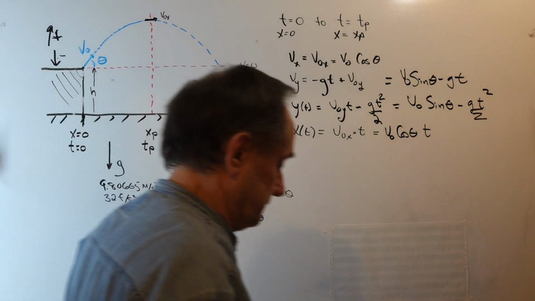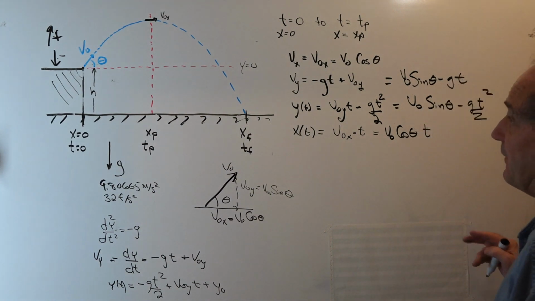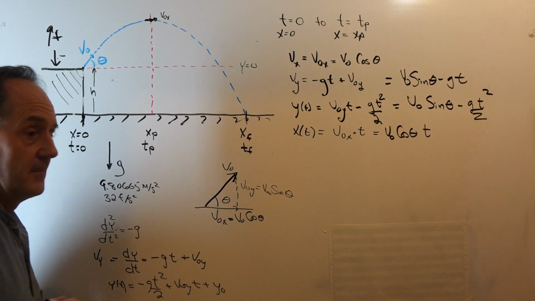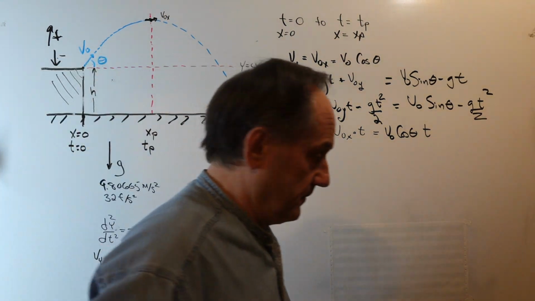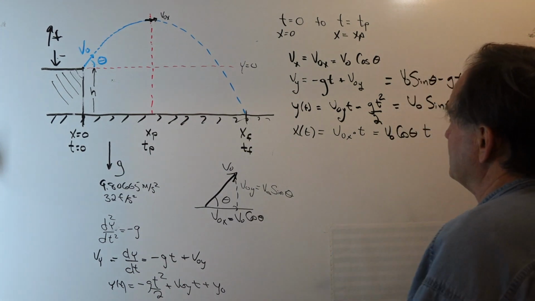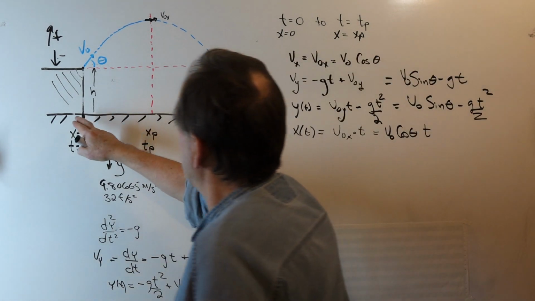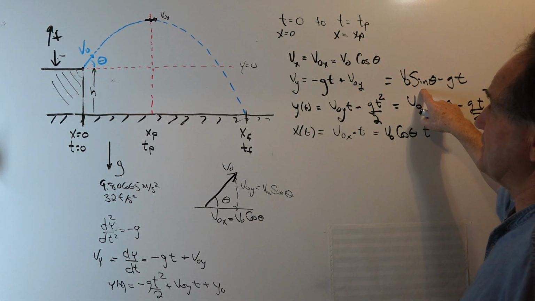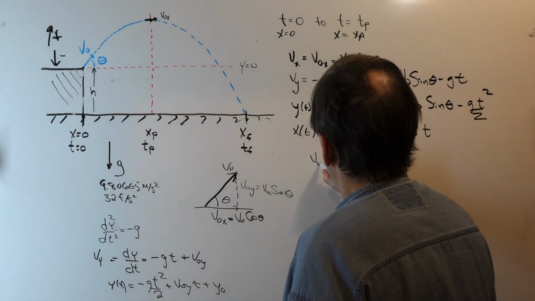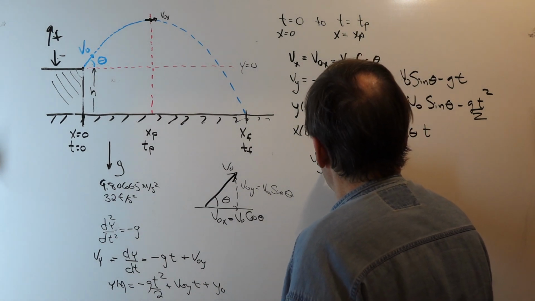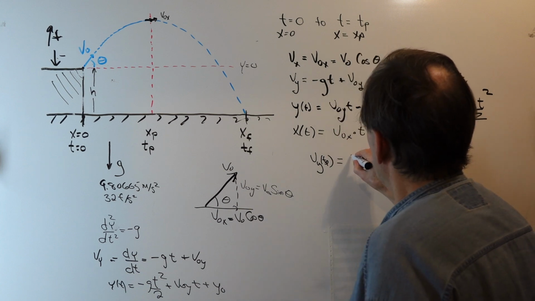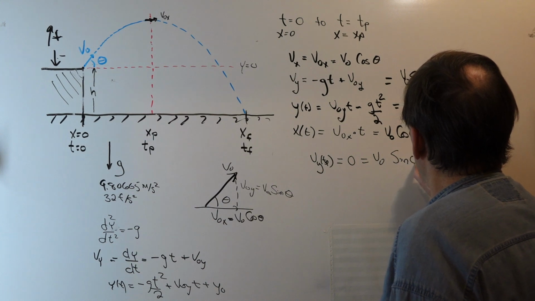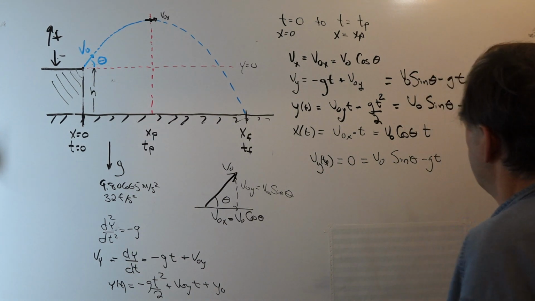Now, at the peak of the flight path, when the projectile has reached this position, the y velocity is 0. So that allows us now to solve for the time that it takes to get there. Our y velocity is given by this equation. At the peak, Vy at the time to the peak is 0. And so that is v0 times the sine of theta minus gt.